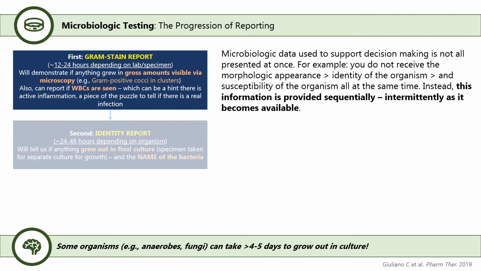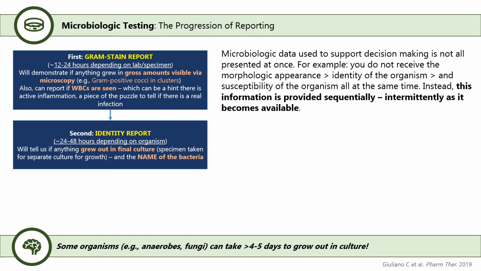Next, approximately 24 to 48 hours later, depending on the organism, sometimes as late as 4 to 5 days for anaerobes or fungi, we should receive an identification of what the name of the bacteria is that is in the specimen. Sometimes, if in small amounts, the organism will not appear in the gram stain, but will appear in the culture.